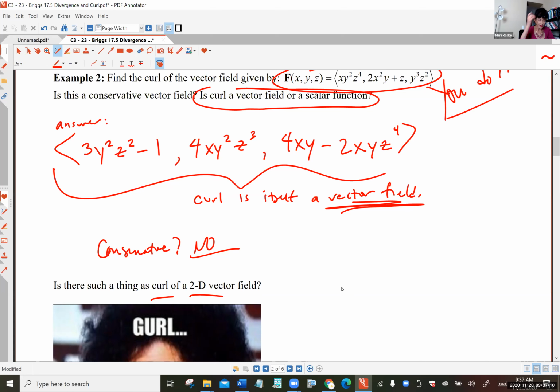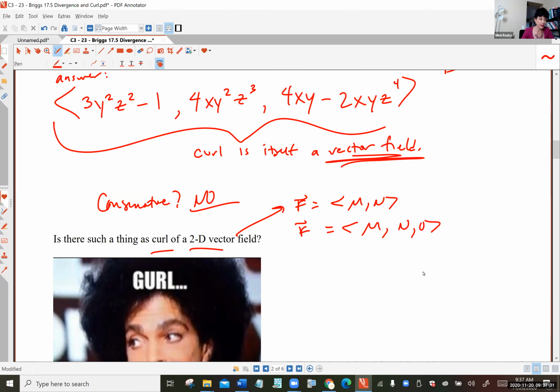One thing that some folks do is they take the two-dimensional vector field and embed it in a 3D system. But then that means that the P component is zeroed out.